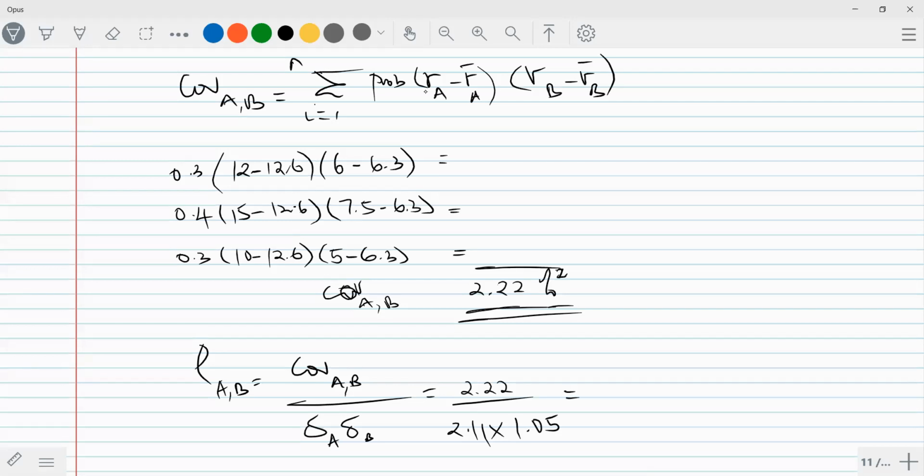And the correlation coefficient between A and B is, wow, 1.